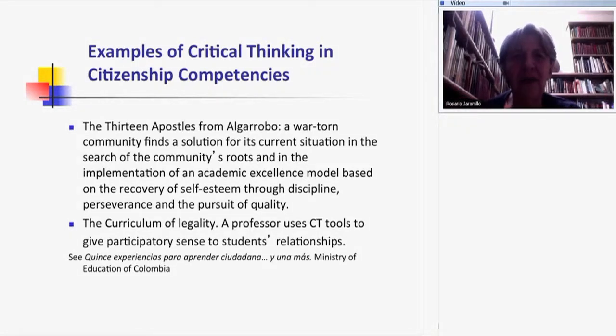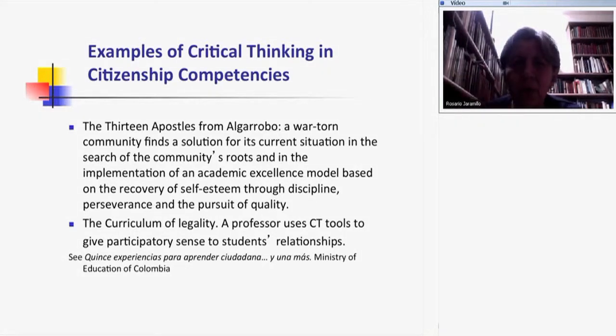The same with the curriculum of legality that worked with all problems in Colombia, for instance, that are so important to be able to discuss when people have been involved with drugs, not only at the personal level of consuming drugs, but that know people who also sell drugs and things of that nature.